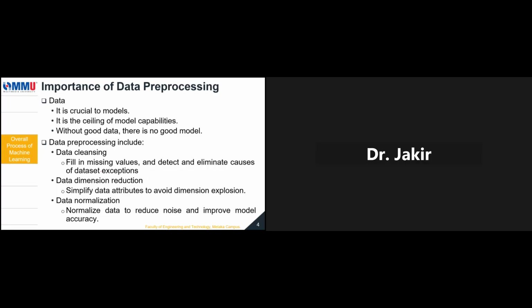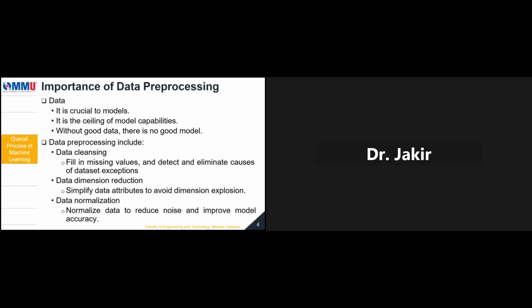So we are still on the data. It is crucial to the model, because the AI model or AI algorithm we create is based on the data. That is why this is crucial.